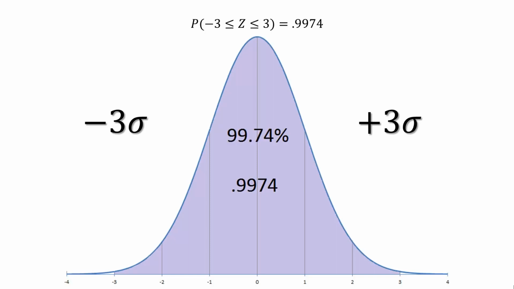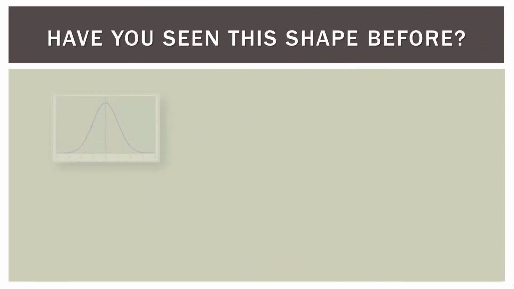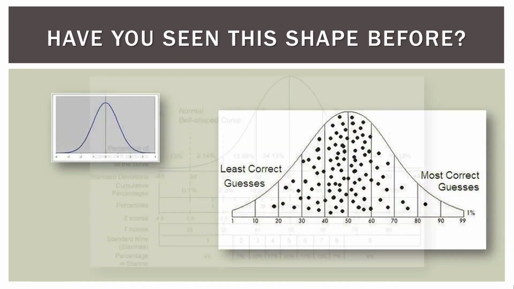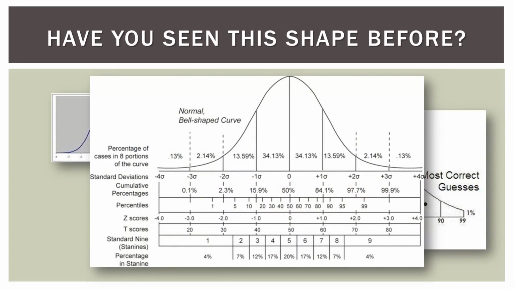Okay, so it does exist, and actually it exists forever in each direction. But for almost all the things we're going to do, we're interested in this plus or minus 3 standard deviation area. Okay, so have you seen these shapes before? Well, by now you definitely have. So what we did is just using some basic formulas or some basic functions in Excel.